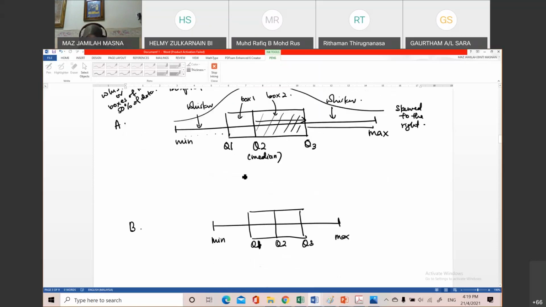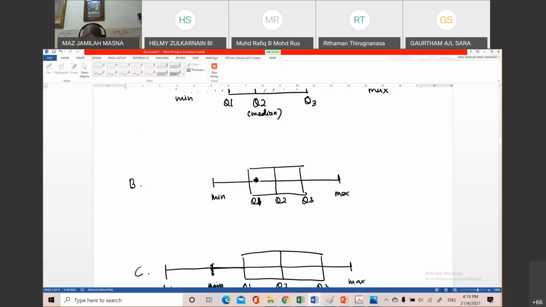Or, for example, your second example shows everything is almost equal. This one is equal to this one. This one is equal to this. So if you see this, it is what we call symmetric data, or normal distribution.